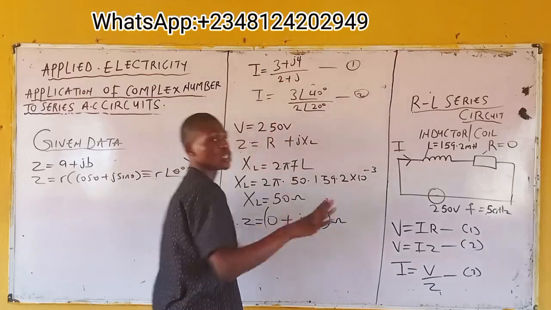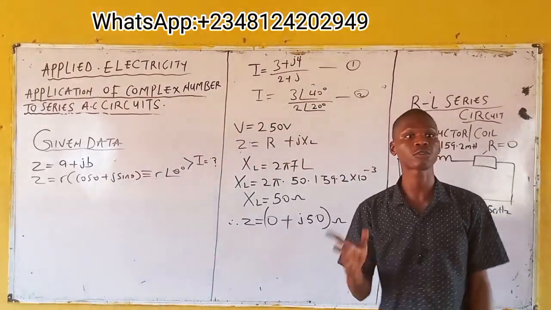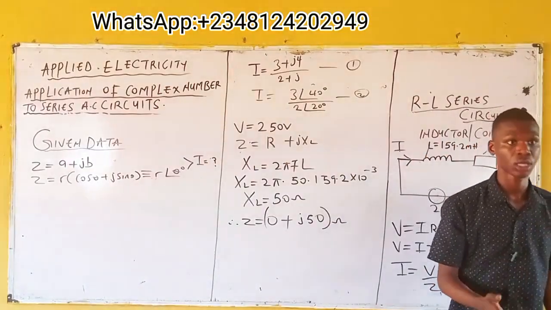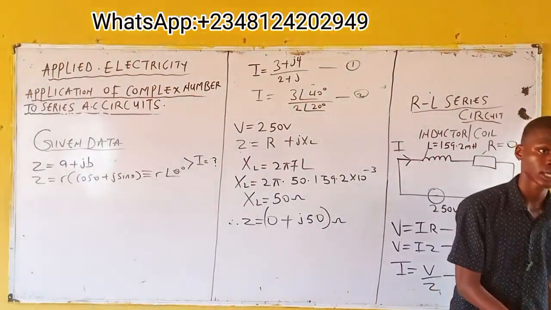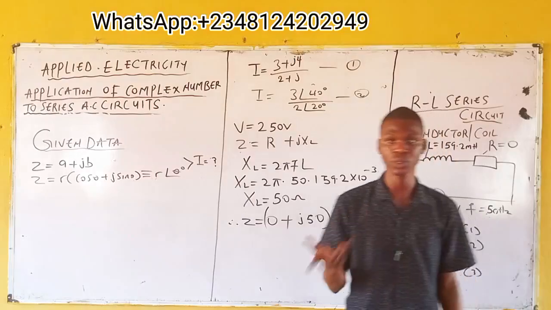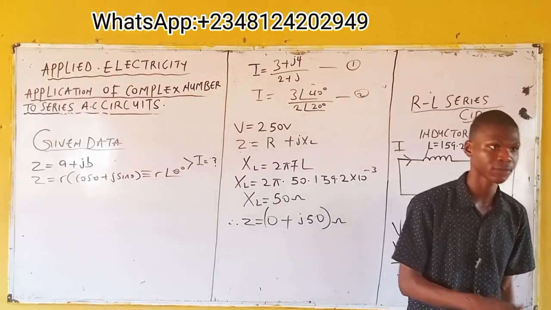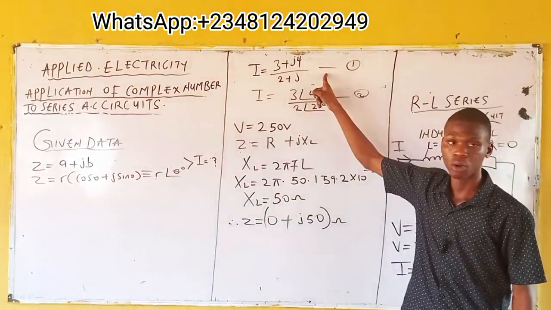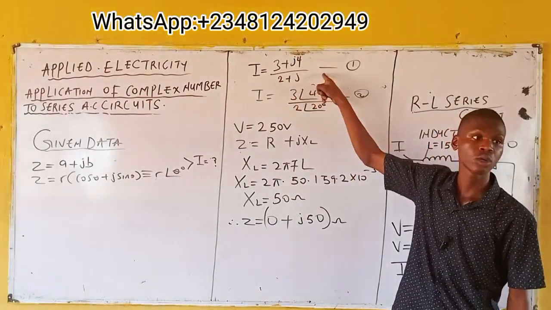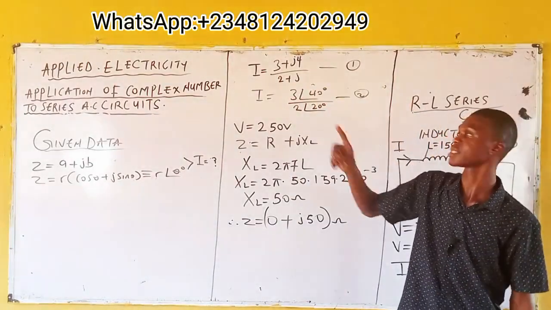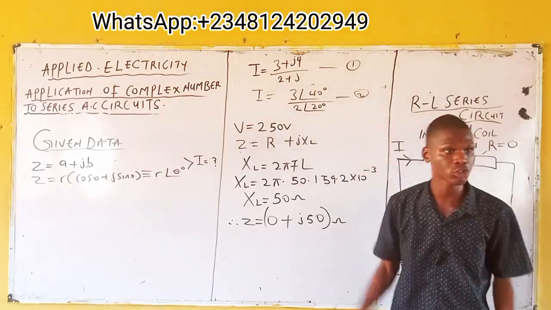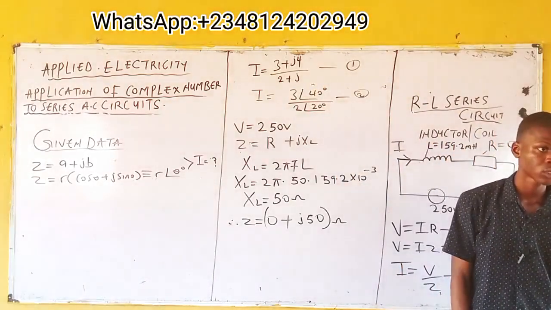From 1, there's what we call the conjugate. The conjugate of a complex number is related to surds. The conjugate is the opposite sign. Say you are given a surd number which is positive, the conjugate becomes negative. Same idea: for 1, you want to solve I, so check the denominator. What's the conjugate of the denominator? 2 minus j.